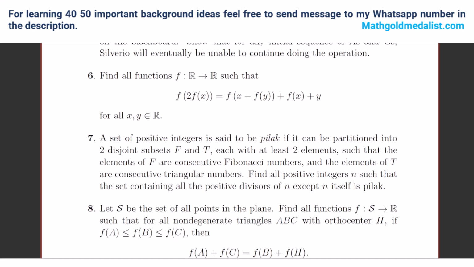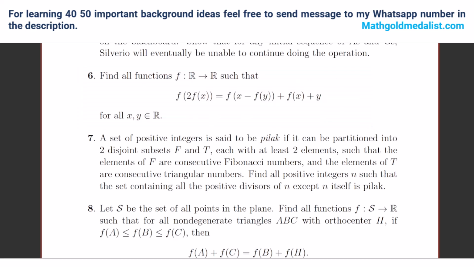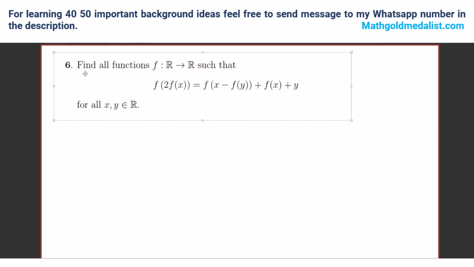Okay, sure. How did you prove that it is 1 to 1? I substituted x as 0, and then I got this formula: f of 2 of f of 0 equals f of negative f of y plus f of 0 plus y.